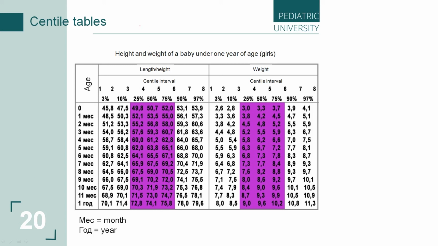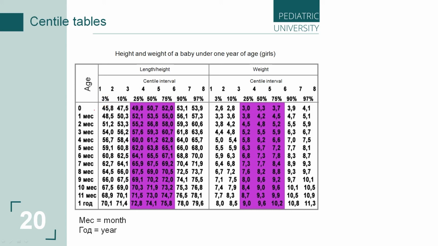For example, the first interval, 3%, tells us that 3% of girls are born less than 45.8 centimeters tall.